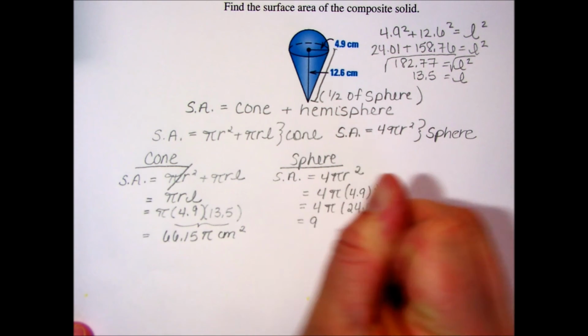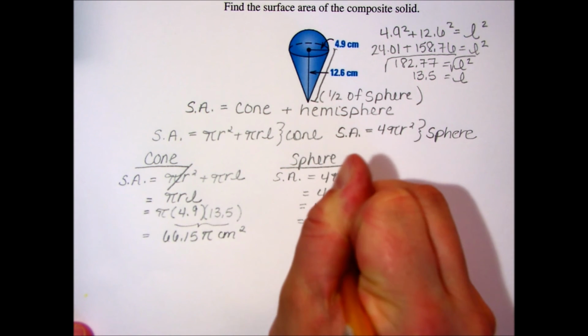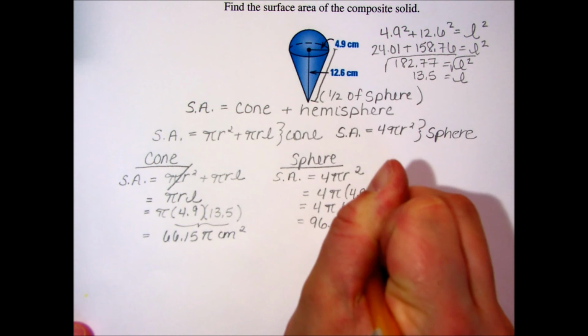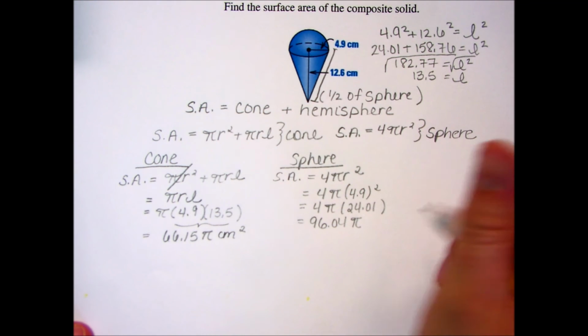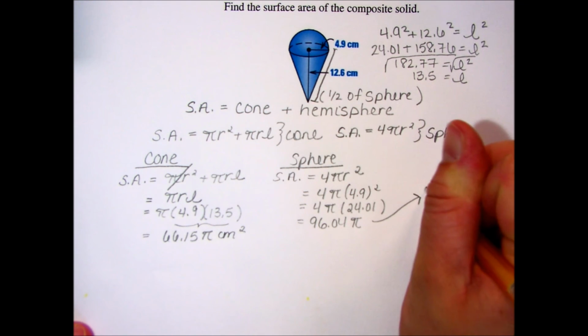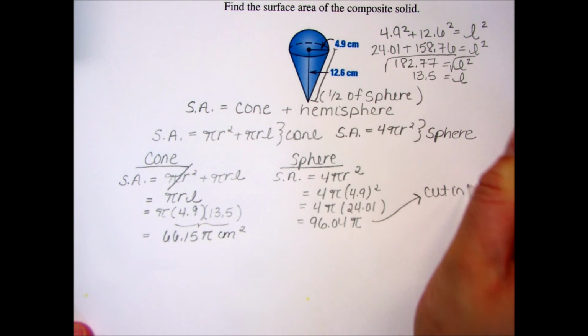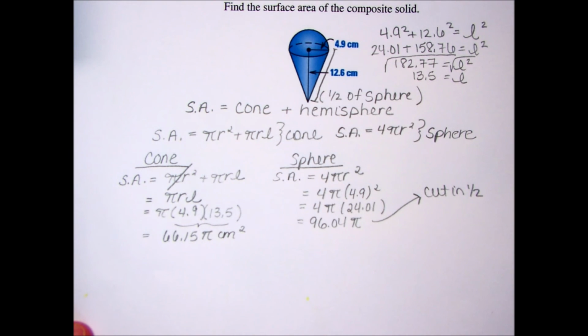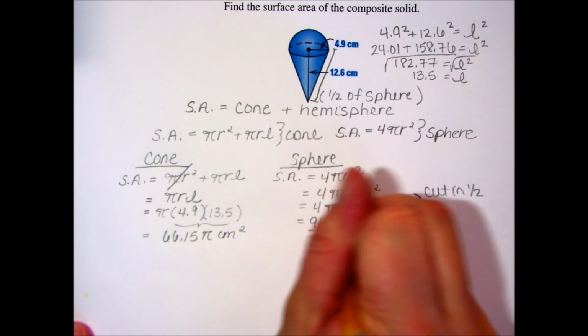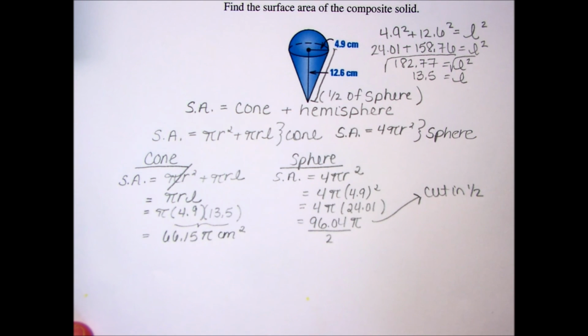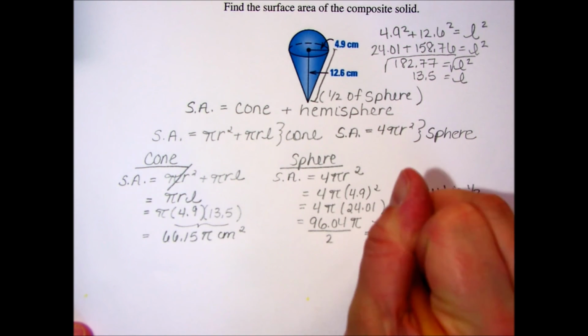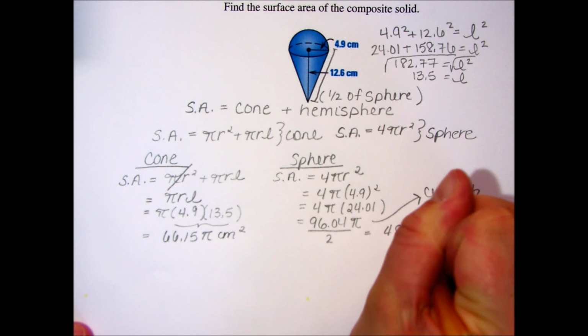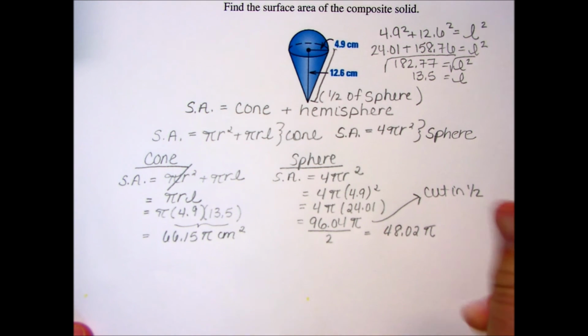Multiply the 4 and the 24.01 to get 96.04 pi. And because we are only considering half of a full sphere, we will then divide that by 2 to get a surface area of 48.02 pi centimeters squared.